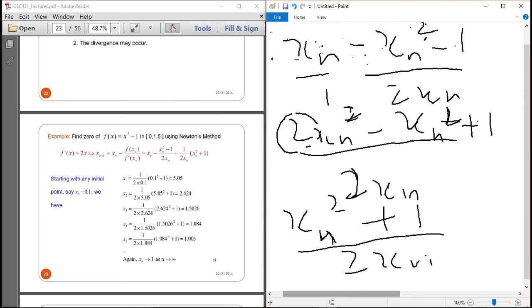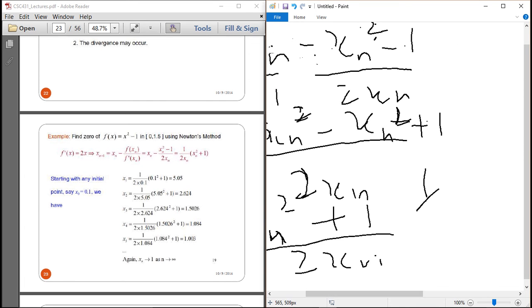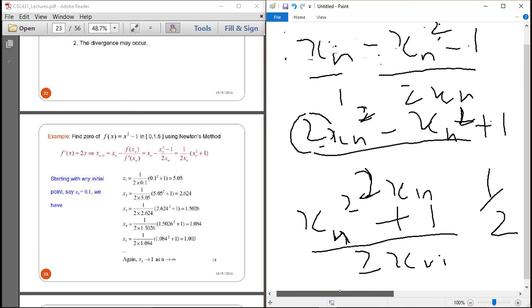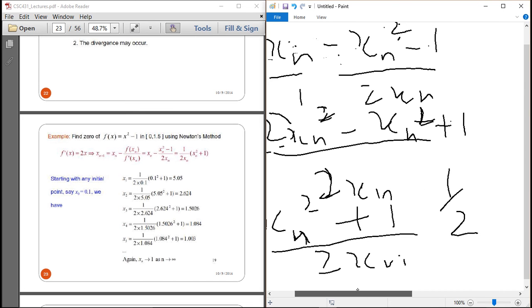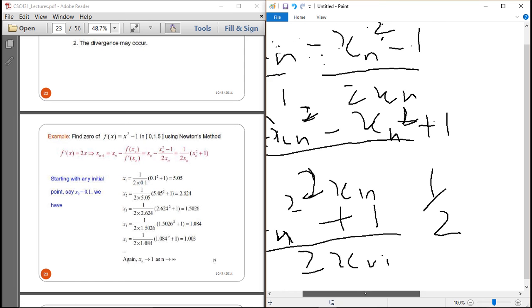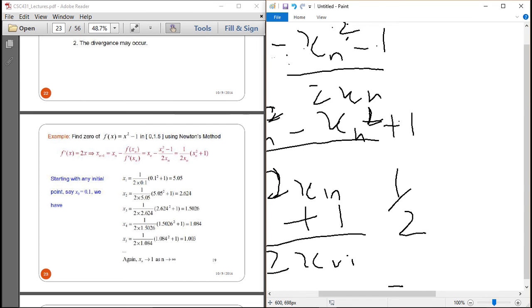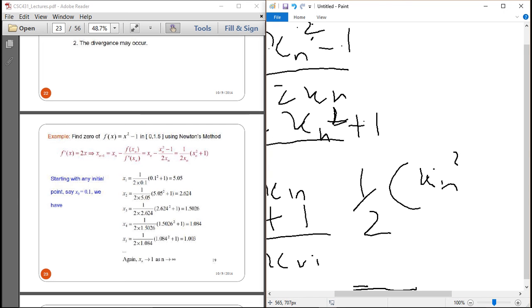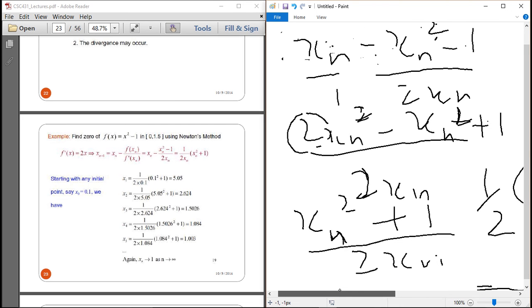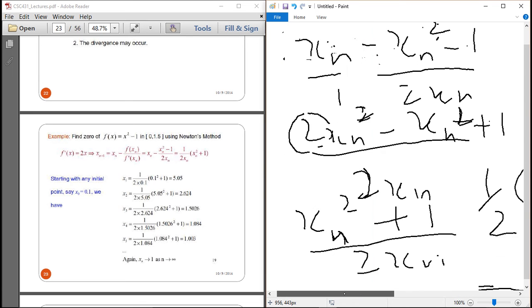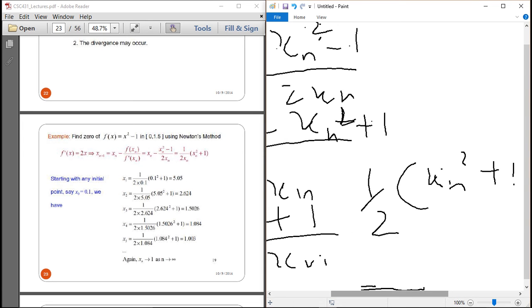Okay, so bringing this out, we have 1 over 2 into xn squared, 1 over 2, right? We have xn squared plus 1. Remembering our former rule, log x over xn.